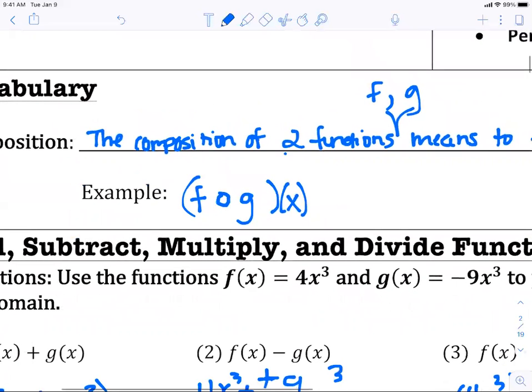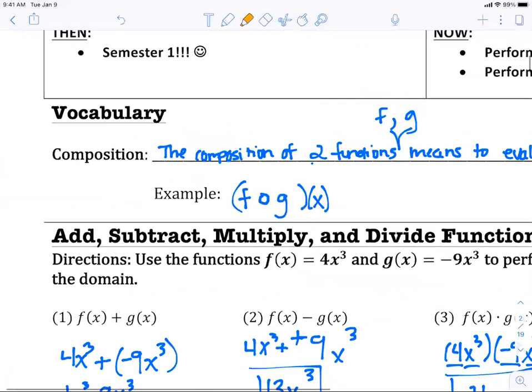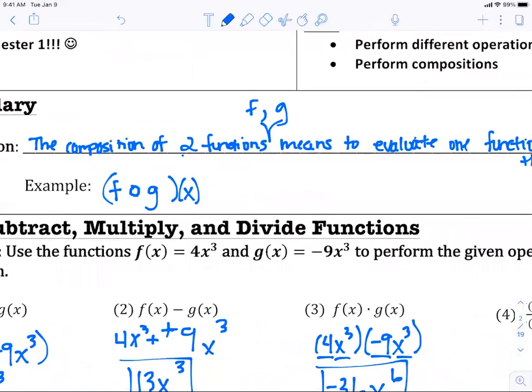That little open dot tells you that it's asking you for a composition and that we're going to do something a little more specific. A lot of students, when we get going, think that means multiplication because it looks like a little dot, but you're not multiplying. That literally means f of g of x. That's what you're going to look for when we say find a composition. Now you don't know what that means yet, but that's what it's going to ask you to do.